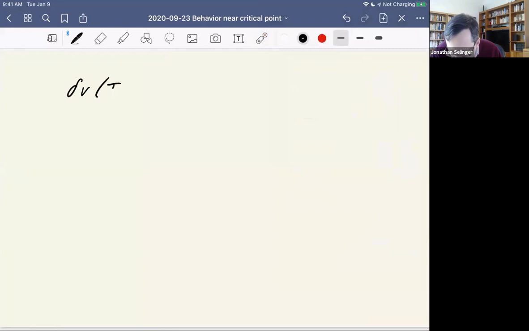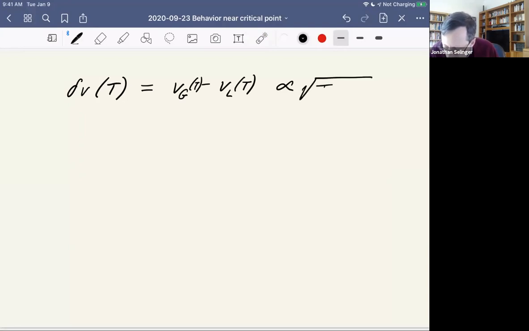So we want the difference of volumes as a function of temperature, that is to say, Vg minus VL as a function of temperature. And it looks like this is a square root, something proportional to the square root of Tc minus T. That's the parabola on its side that I was drawing for you.